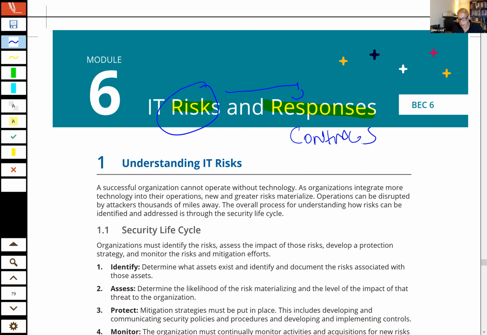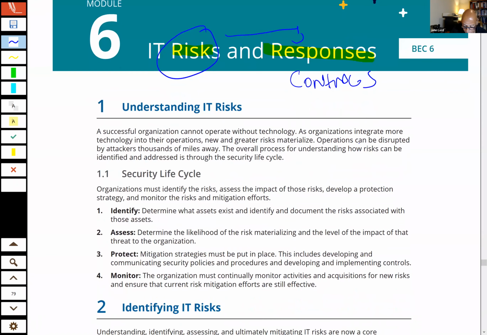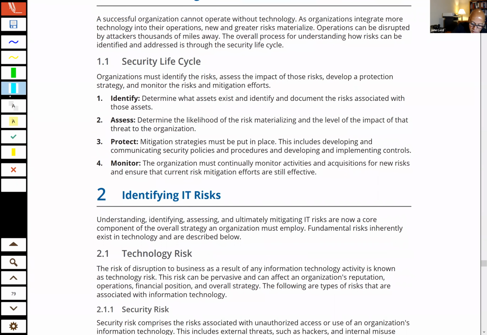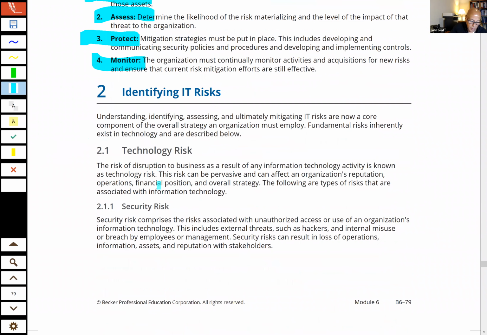What we're talking about here is now we have a system in place, but we want to keep that system secure. So we basically are going to go through a security process, which is identify the risk, assess the risk, and then we're going to mitigate that risk through controls, and then we're going to monitor to see that we are achieving the objectives of the control.